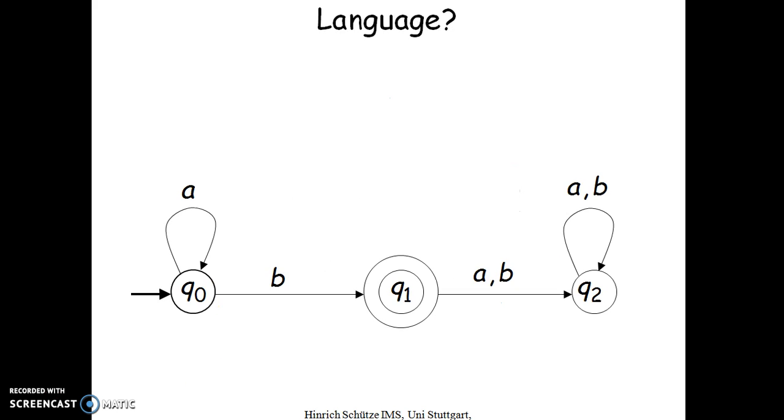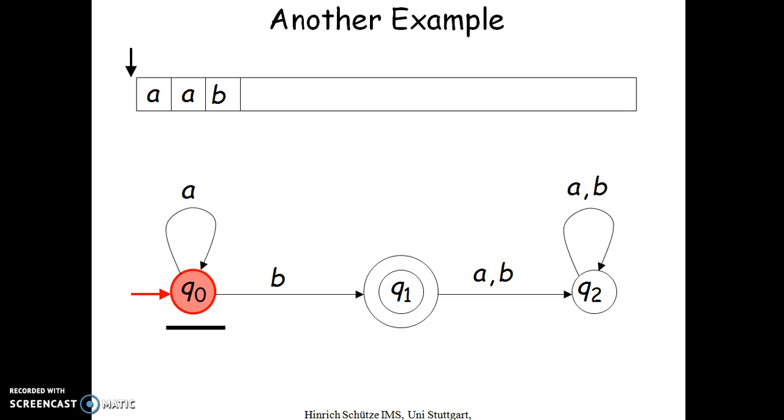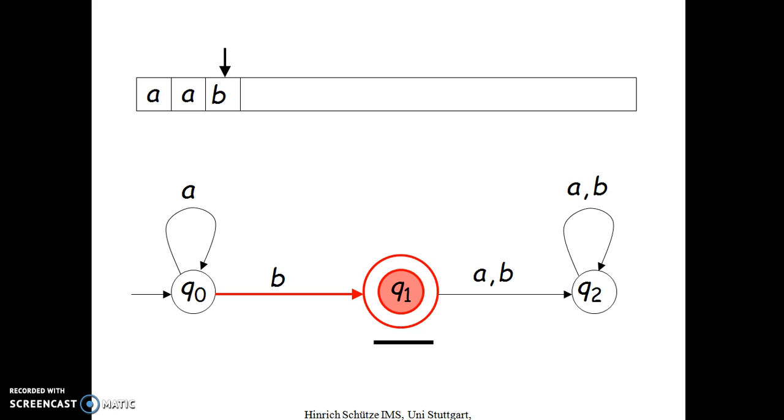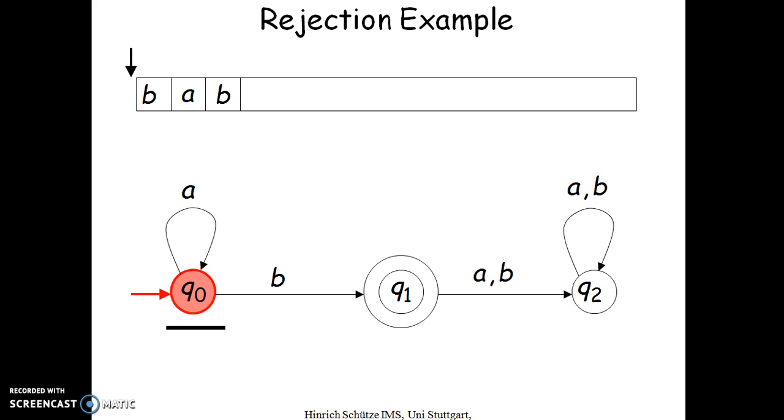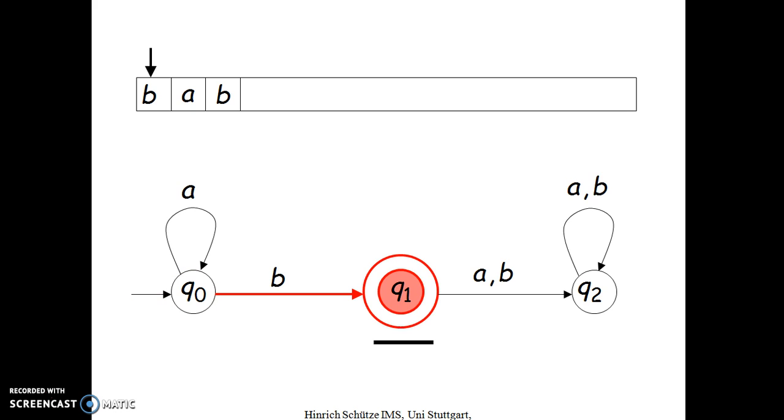Next, we'll see what a language is. We'll see the example ABB for this given automata. After reading A, I am in Q0. After reading A again, I'll be in Q0. And after reading B, I reach Q1. So this example is accepted. Next, after reading B, I reach the final state.